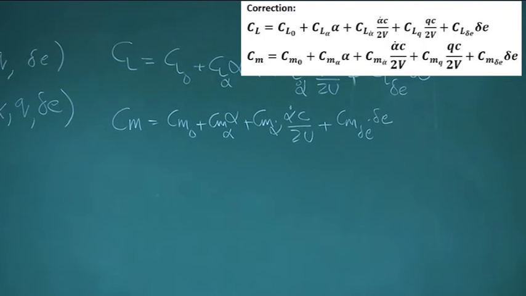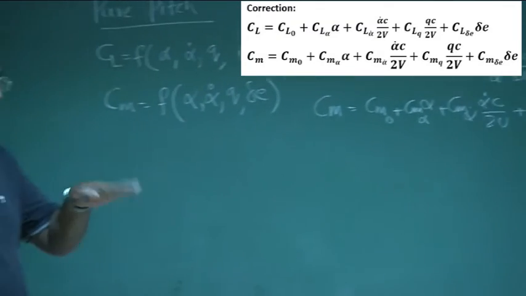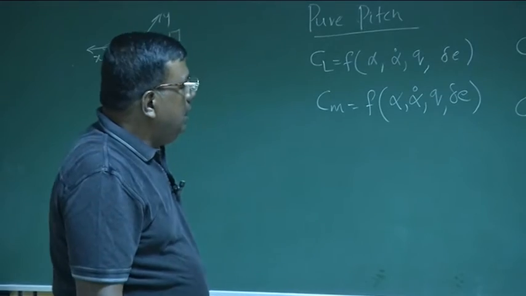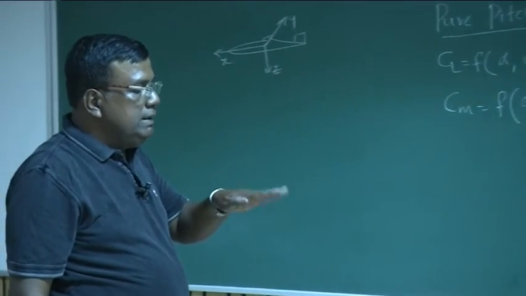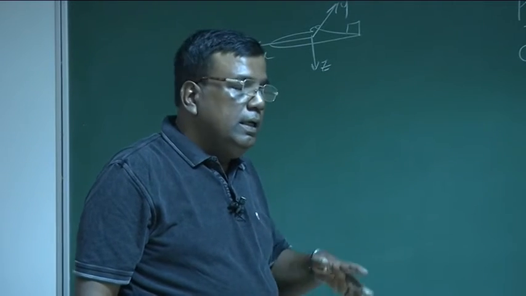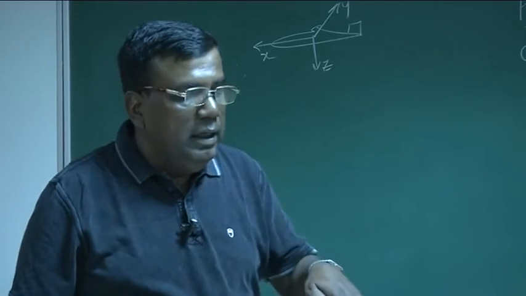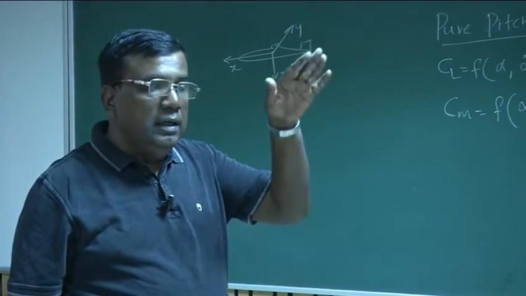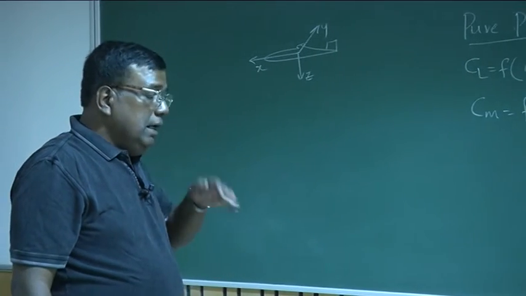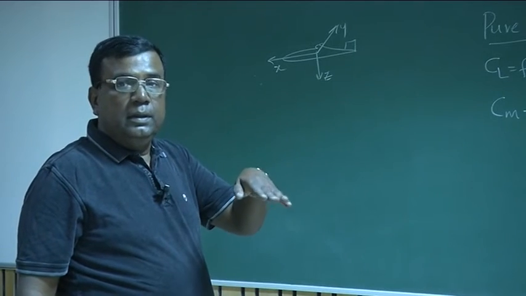When you talk about pure pitching, it means only theta is changing, or there is a q, okay? And the moment I say theta is changing, it has its own effect. Let's say for an airplane, if I change theta, the angle of attack will change. So there will be a change in the force in the z direction, in the x direction, and the airplane center of gravity may start moving up.